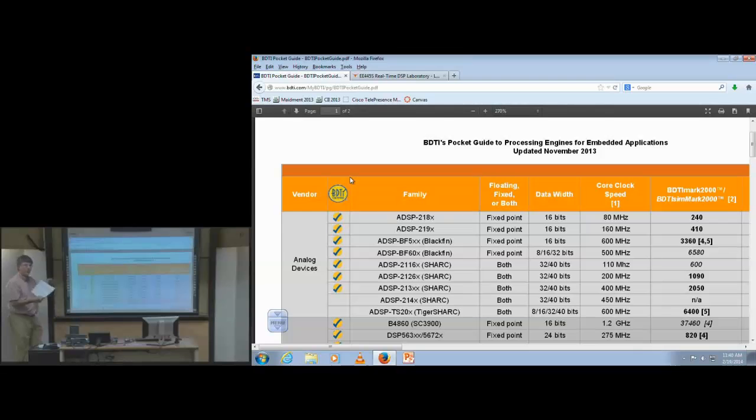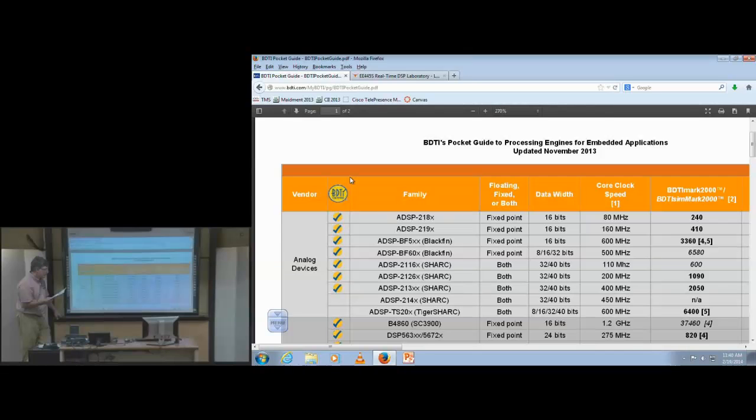16. Okay, down the whole chip set, 16 is the most common. What's the least common? 24. So again, that's the old Motorola 56,000 family, from the 1980s.